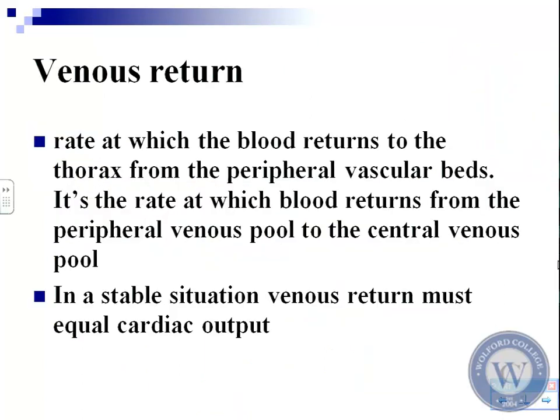Now, venous return is how much blood is returning to the thorax from the peripheral vascular beds. If you don't return blood back to the central compartment, then the heart basically empties. Can that happen? The answer is yes. You can have a disrupted superior vena cava, and all the blood that's returning from the head and upper extremities is pouring out through a suction catheter.